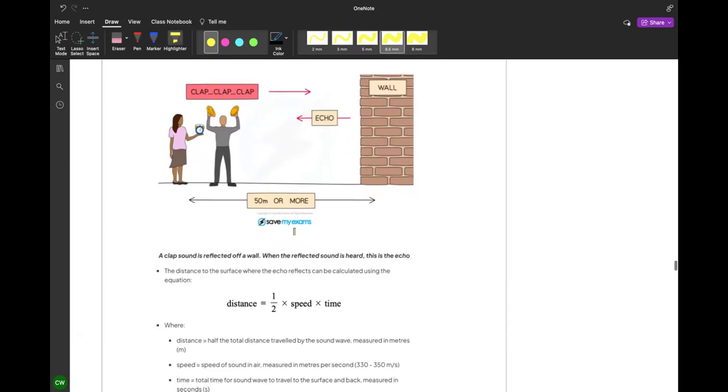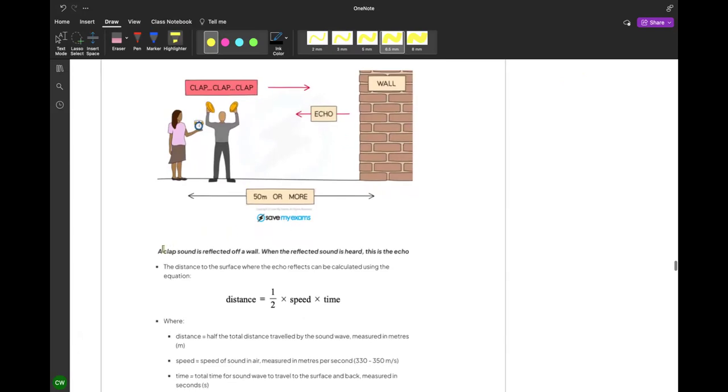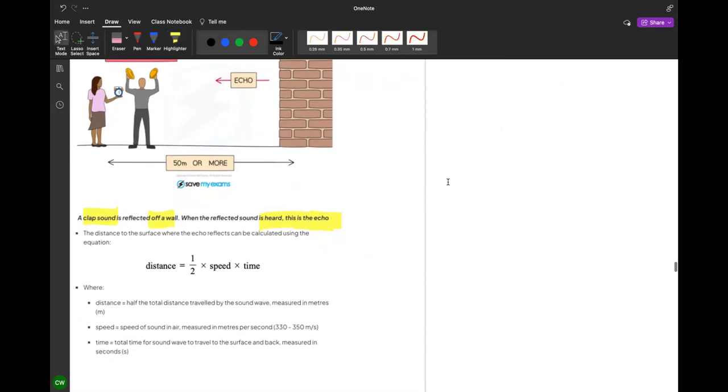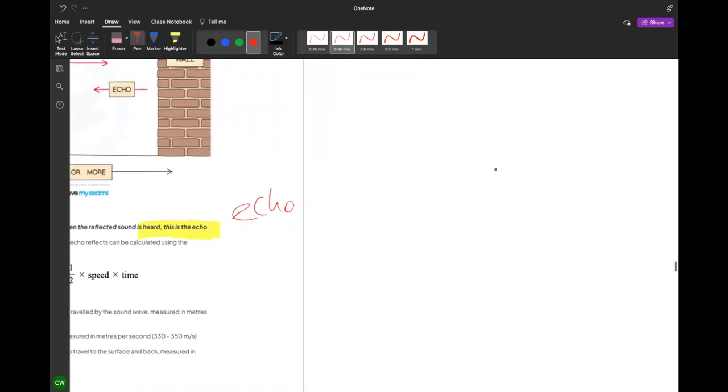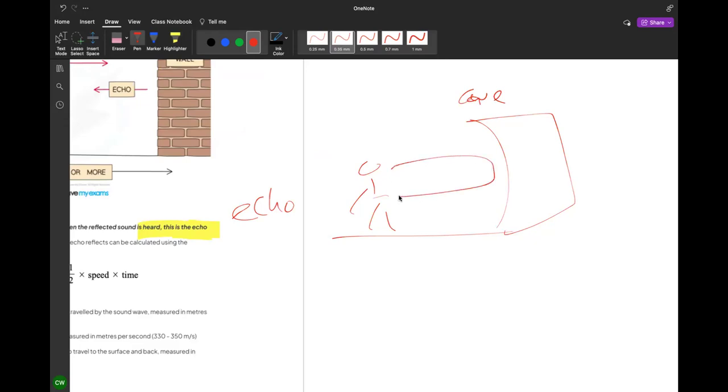Another way of detecting sound is using the concept of echo. What is echo? That means when you shout, you stand here and shout toward the cave. The sound will go and then come back, reflected.